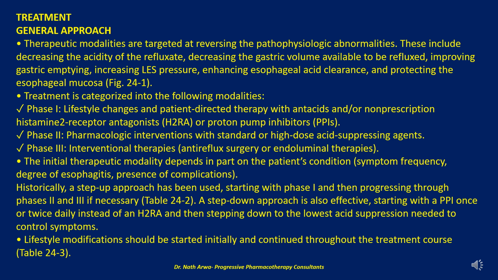A step-down approach is also effective, starting with a proton pump inhibitor once or twice daily instead of a histamine 2 receptor antagonist, and then stepping down to the lowest acid suppression needed to control symptoms. 3. Lifestyle modifications should be started initially and continued throughout the treatment course, as shown in Table 24.3.